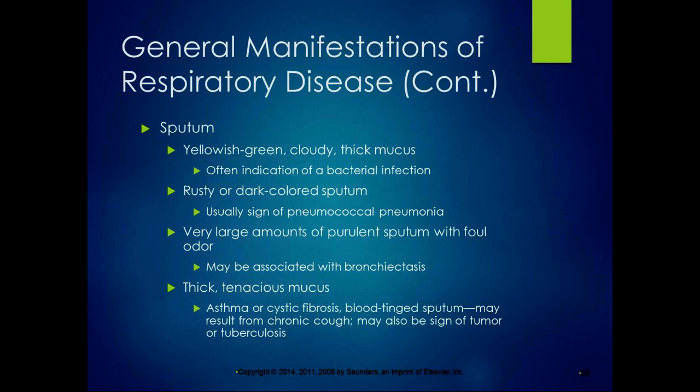Thick, tenacious mucus can be associated with asthma or cystic fibrosis, the congestive or obstructive pulmonary diseases. Blood-tinged sputum may result from a chronic cough, or it could be a sign of tumor or tuberculosis. So much as we don't want to talk about sputum, it can indicate a lot of things.